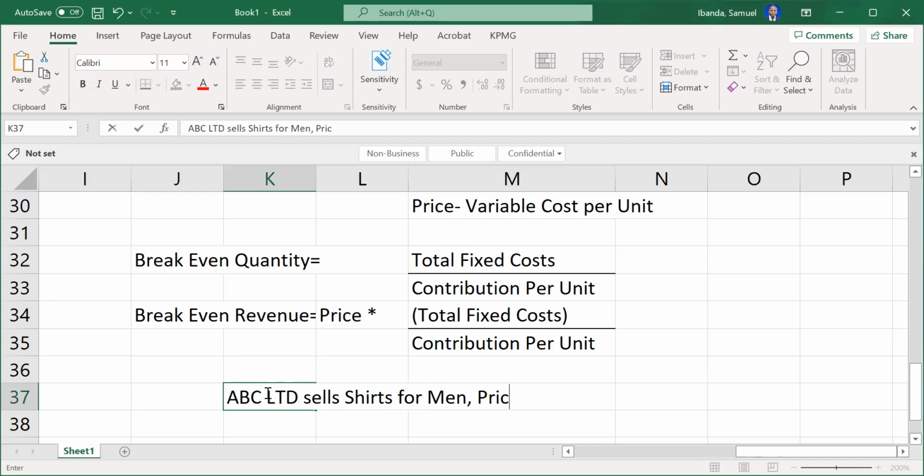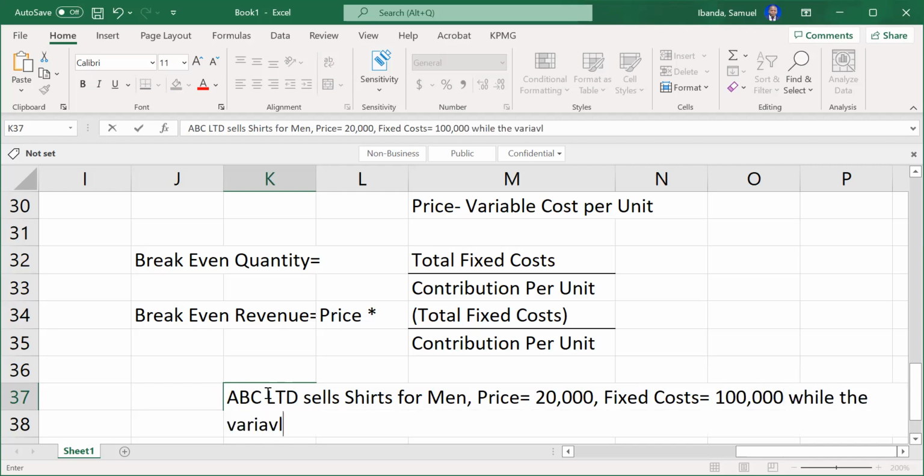The price per shirt is 20,000. Its fixed costs are 100,000.